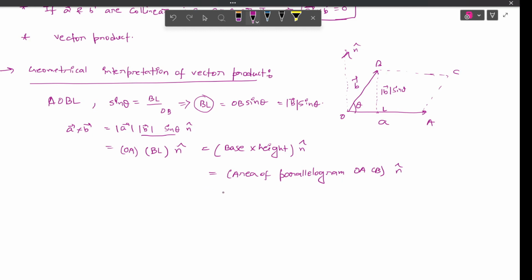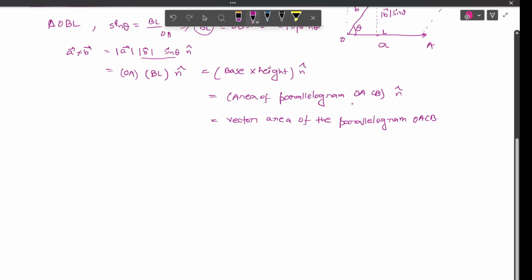Now, this is called vector area of the parallelogram OACB. This is vector area because if we take this area, then the unit vector is always the outward normal, right?